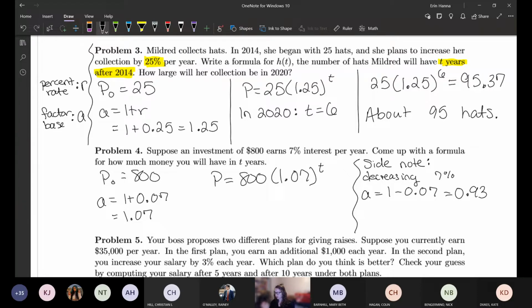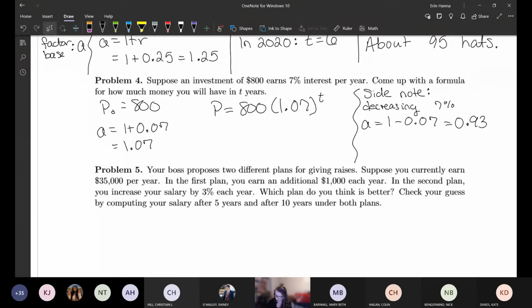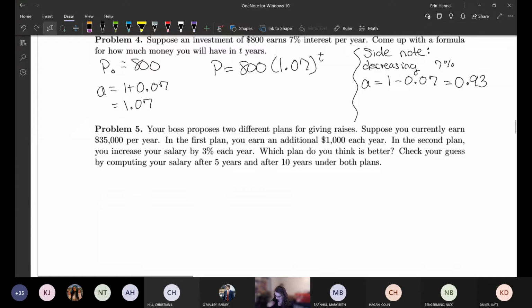So that's what's going to happen when we subtract that rate off: it's going to leave us with a decimal that's less than 1. That's just a side note because we haven't looked at one with decreasing yet. I don't think this page actually has any, which is unfortunate. Questions, concerns?